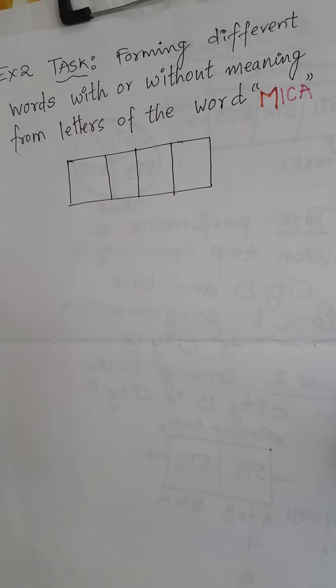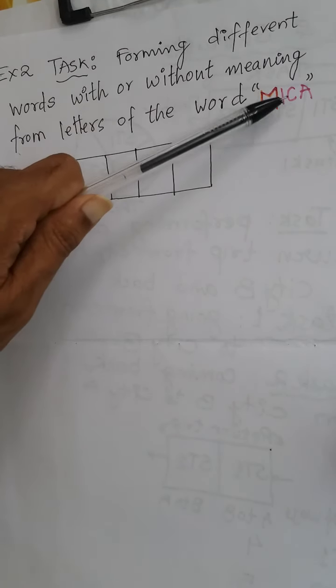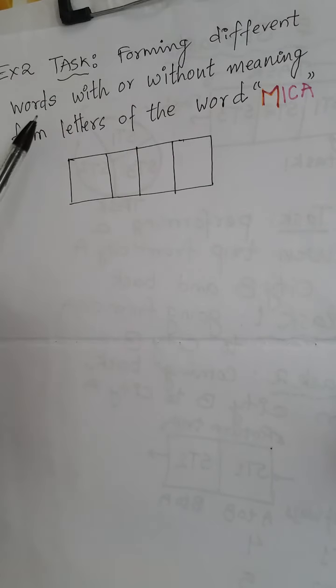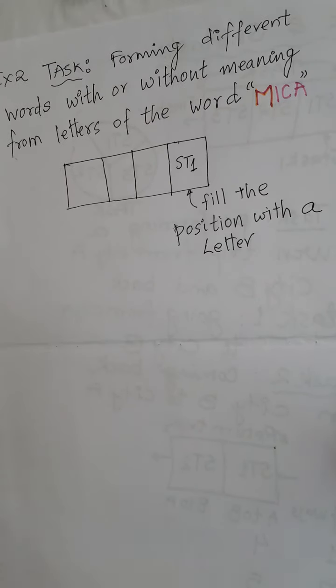So this box represents our entire task. What are the subtasks? How many are those subtasks? How will we define those subtasks? Now as you can see, there are 4 letters. So different words with or without meaning from letters of the word. Now there are 4 letters, so there are 4 subtasks. How will we define them? Let's see.